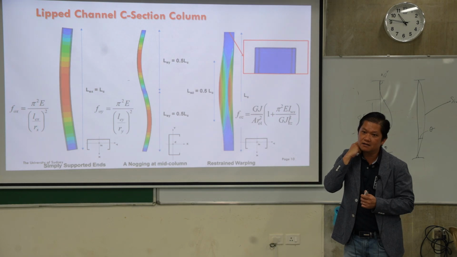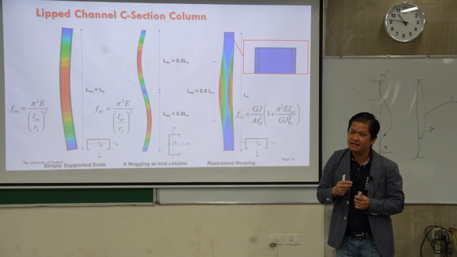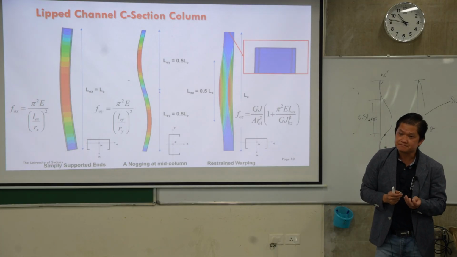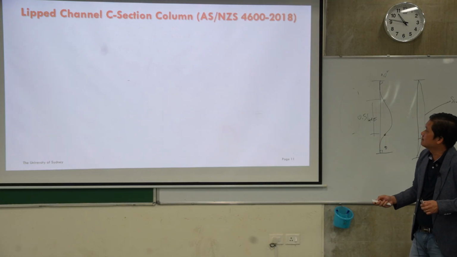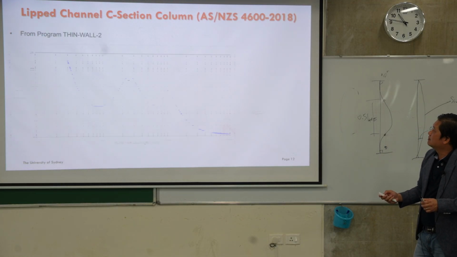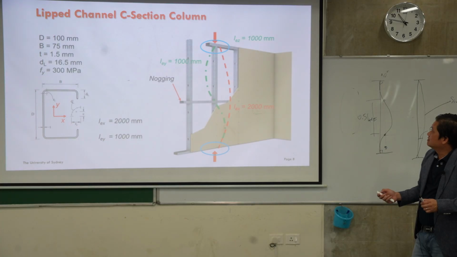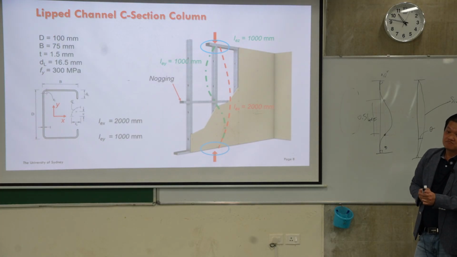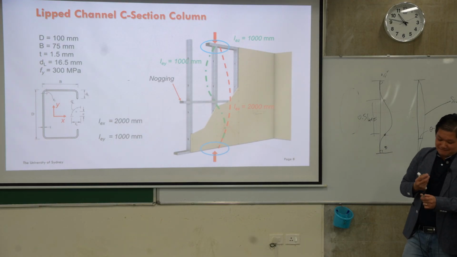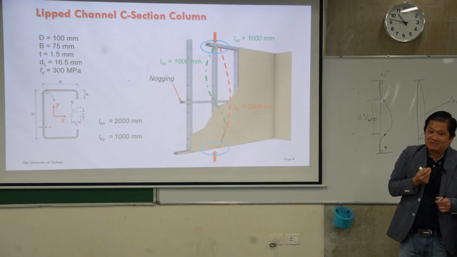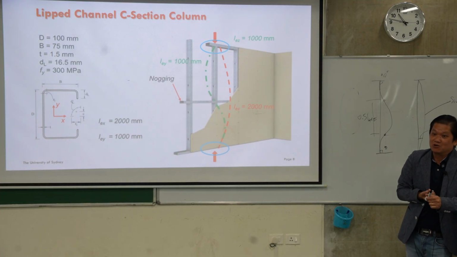You mean if the top and bottom tray flanges are not that high to enhance fixity? Yeah, that really depends on the practical situation.